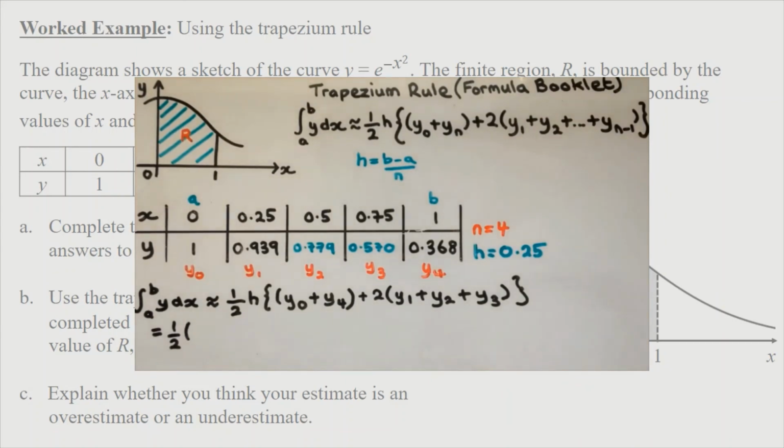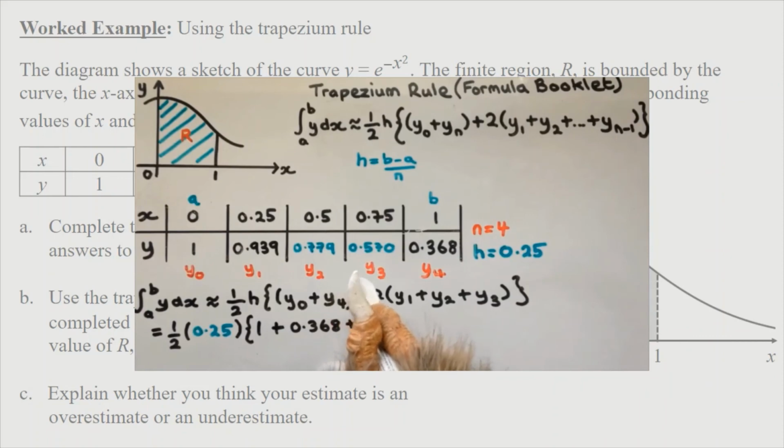I'll put it in here, so 0.25 for h. There we go. Close that. And y0, that's 1 from the table that was given to us, plus y4 that was also given to us. This is 0.368. No problems there.